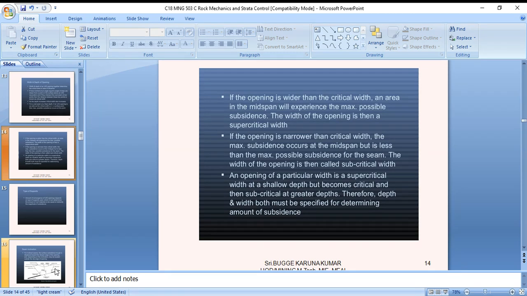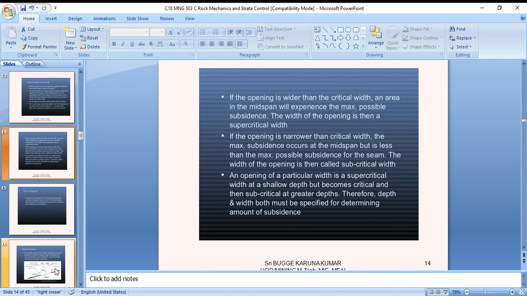If the opening is wider than the critical width, an area in the midspan will experience the maximum possible subsidence. The width of the opening is then supercritical. If the opening is narrower than the critical width, the maximum subsidence occurs at the midspan, but it is less than the maximum possible subsidence. The width of the opening is then called subcritical.